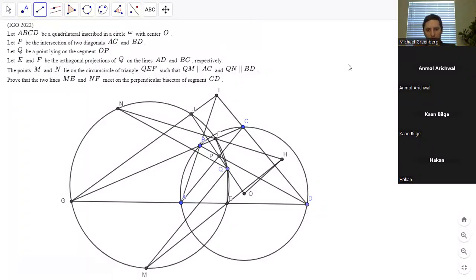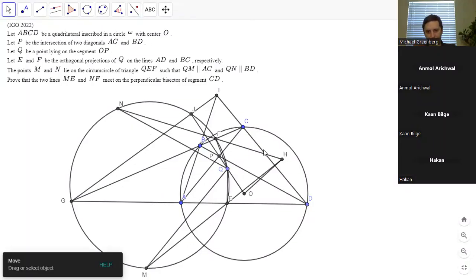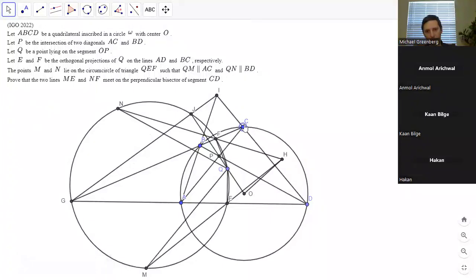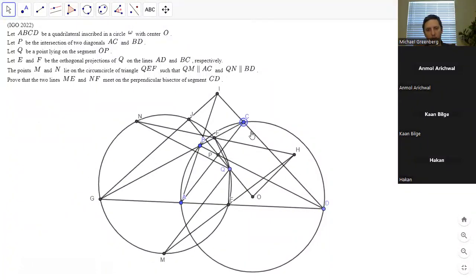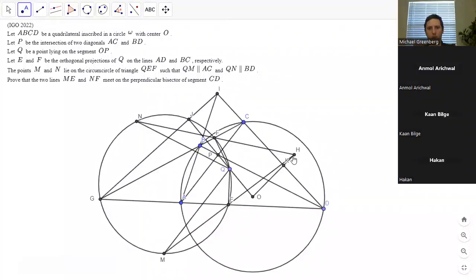And so basically, if we let OH, well, what we could do is take the midpoint of CD. I mean, if we take the midpoint of CD, then we have a cyclic quadrilateral, right? So we want to show that.